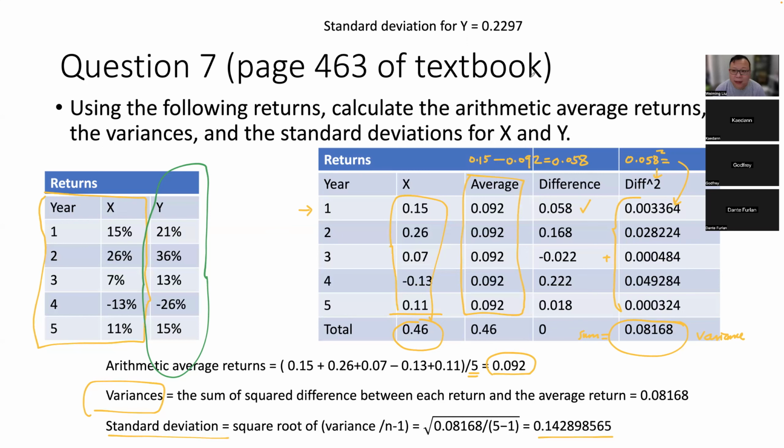Yes, that's correct. 0.2297. It's at the top of the screen. Standard deviation for Y, yeah, you both are correct. 0.2297.